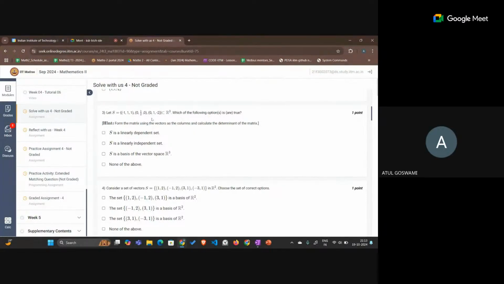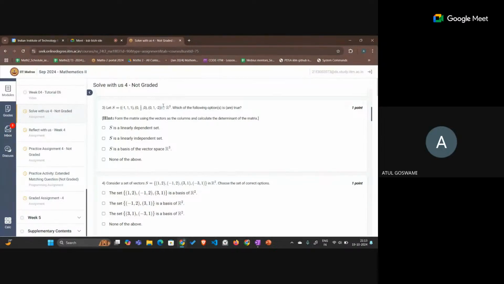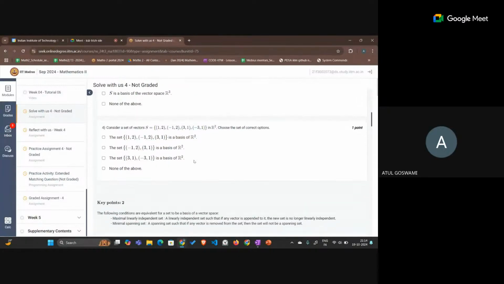You can take out the determinant and check which set is independent and dependent. Or one more thing you can do: form the matrix, apply some row reduction operations, and check whether any of the rows is becoming zero or not.